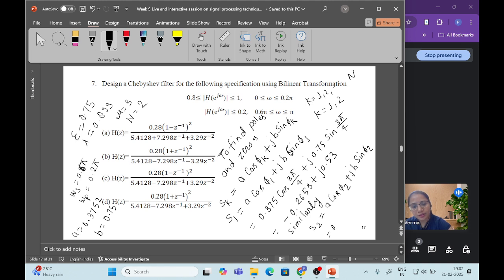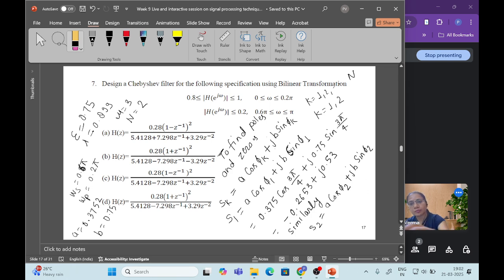So A is already, we know that 0.75, 2 cos 5 pi by 4 plus j, in multiplication I'm writing here, 0.75 sin 5 pi by 4. Okay, so I'm just removing it from here. So I'm directly writing the values. So just you calculate it.